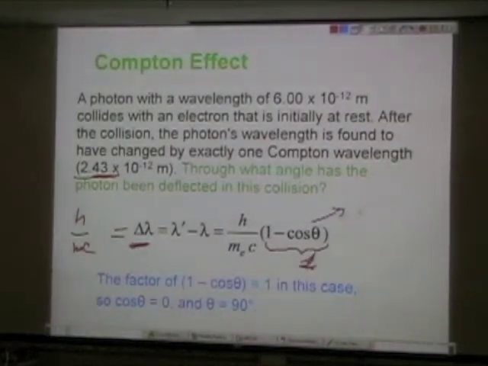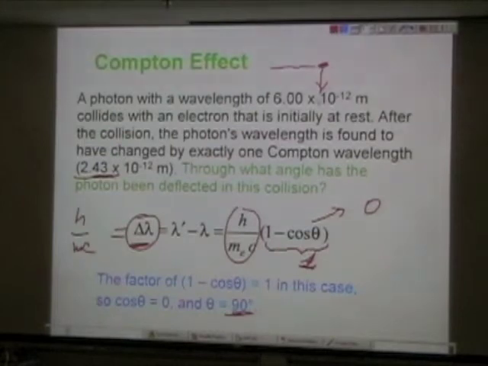That means the cosine is supposed to be equal to 0. So in that case, that gives you the angle of 90 degrees. So when the change in the wavelength equals exactly one constant wavelength, in that case, the picture looks like this.